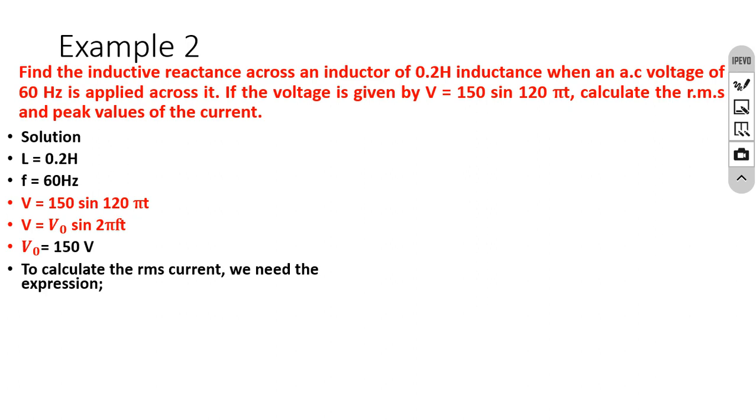To calculate the root mean square current, we need the expression I root mean square equals to V root mean square all over XL. So look at this. Do we have root mean square voltage?